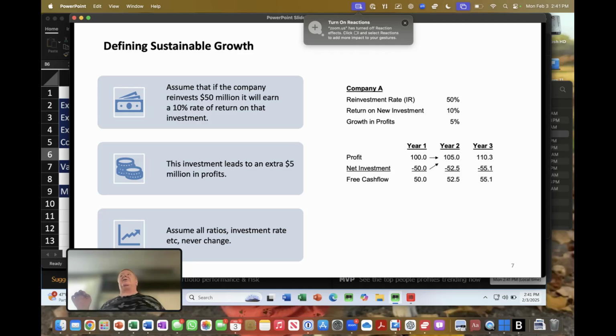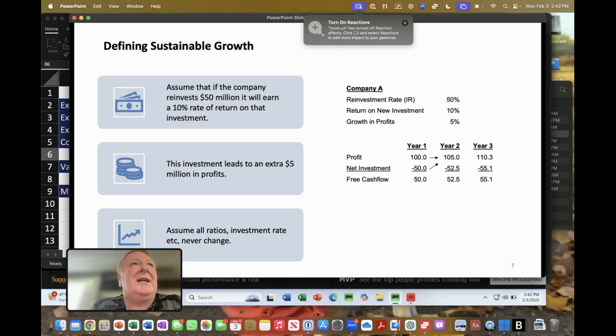Okay. Continuing, I want to define 2 more terms. G, also known as the sustainable growth rate, and free cash flow. So let's start with G. Sustainable growth rate is the rate at which you can grow with internal funds. So this company, which is reinvesting $50 million from the last slide, let's just assume it makes a 10% ROI. 10% historically and 10% going forward on all new investments.